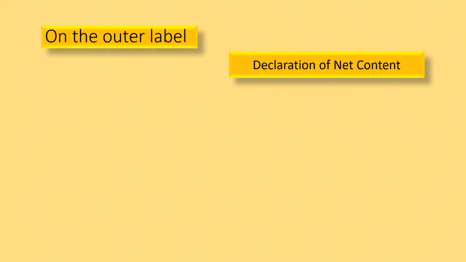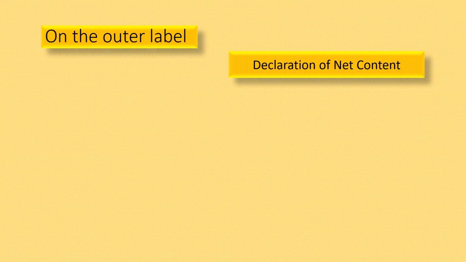Now, on the outer label specifically, there will be the declaration of net content. The declaration of net content is necessary for the understanding of the customer.